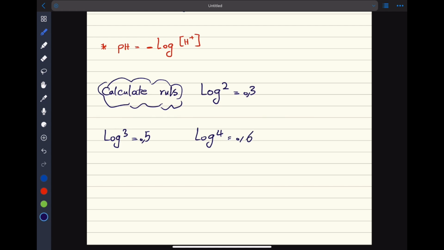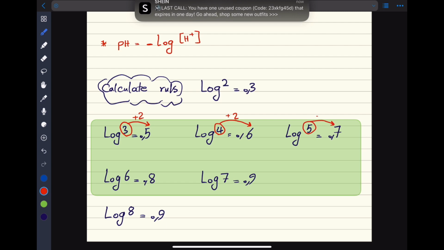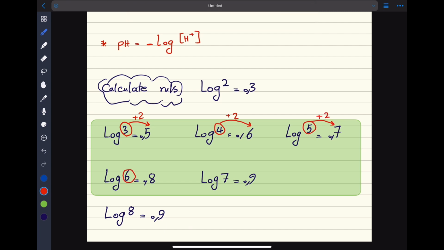The logarithm of the number 4 is equal to 0.6 and the logarithm of the number 5 is equal to 0.7. If you pay attention, every number plus 2 and has 1 decimal place makes the logarithm of that number in base 10.